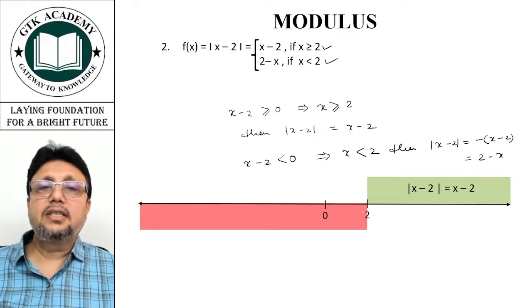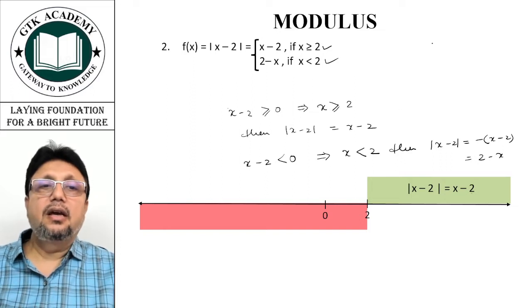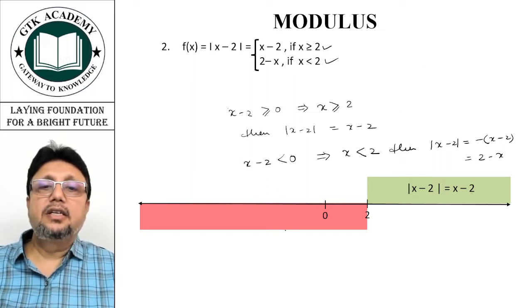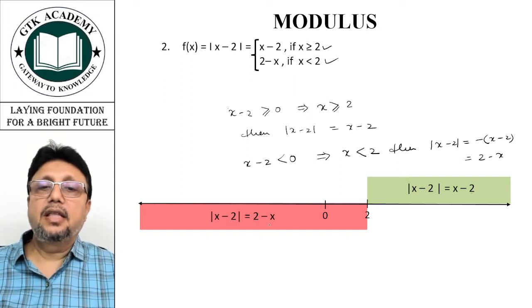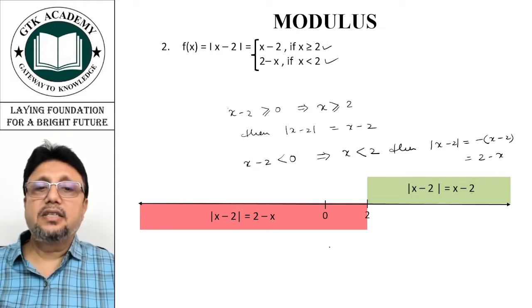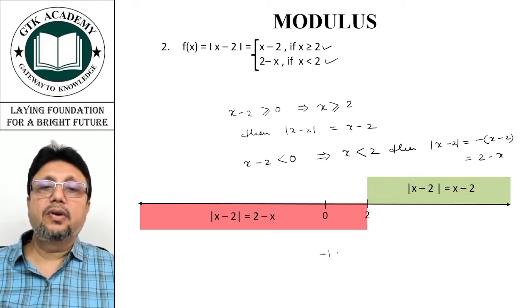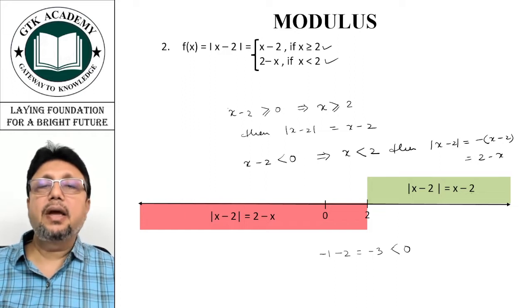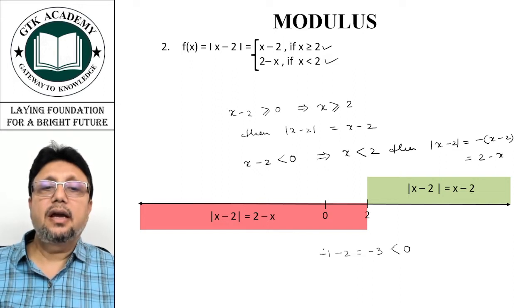But if x is less than 2, in this region which is depicted by red, then mod x minus 2 is 2 minus x, because suppose x is less than 2, say it is minus 1. So minus 1 minus 2 is equal to minus 3, which is negative. So we have to multiply it by a negative number here. So minus of x minus 2, which is 2 minus x.